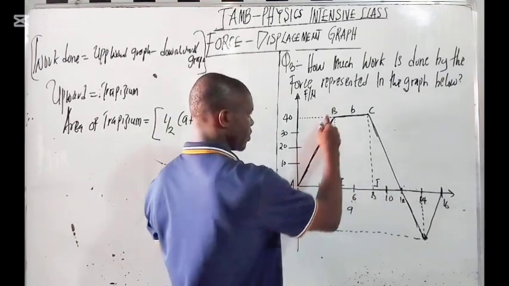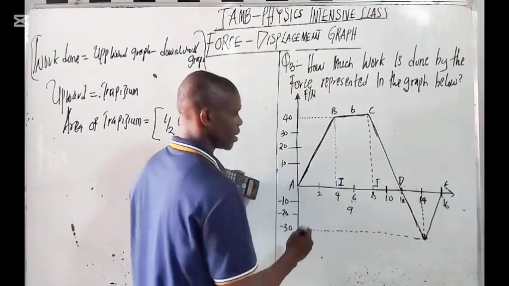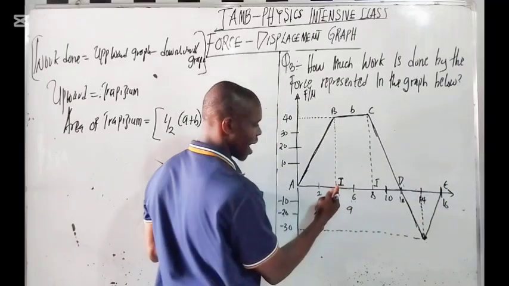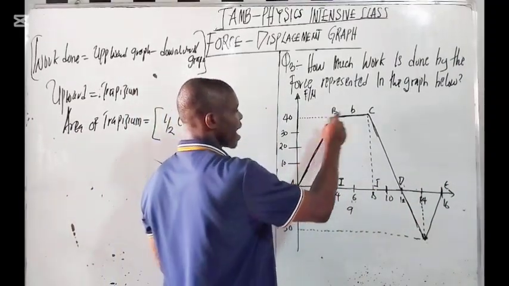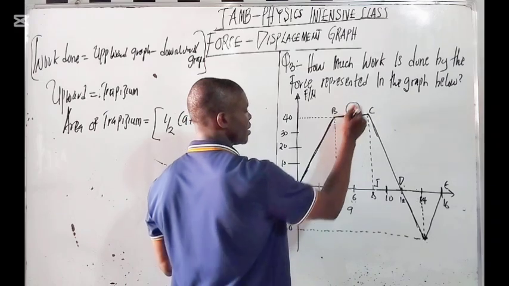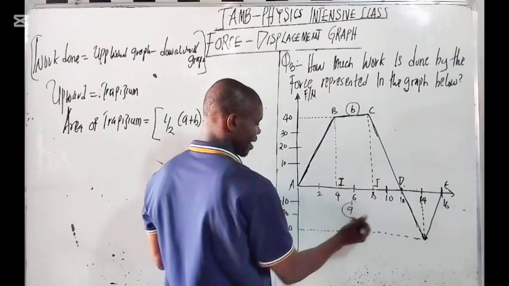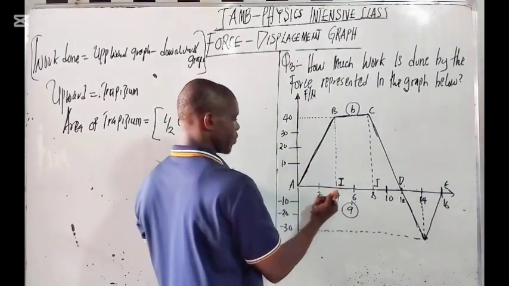Let us say A, B, C, D, E, and here we have I and J. From B to C is the B. From A to D is the A. Then my height is from here to here.